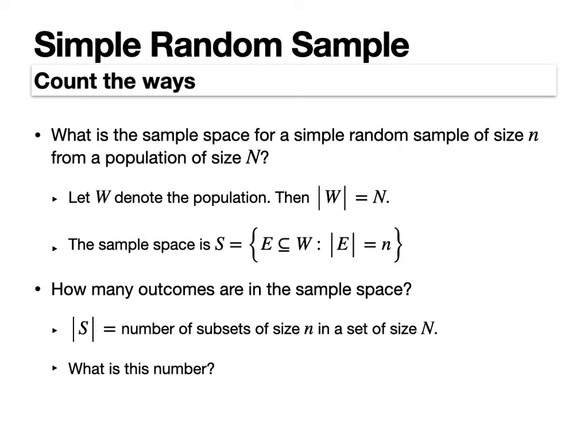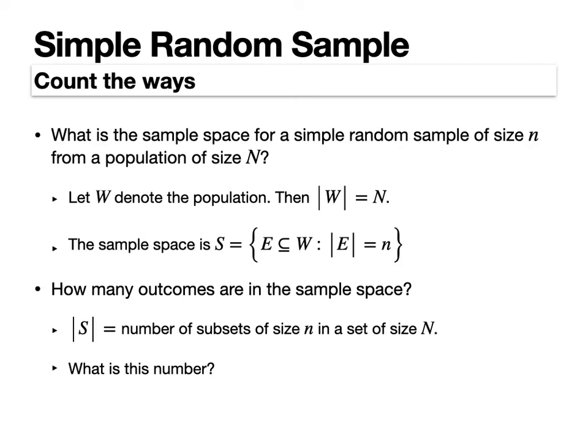Because the sample space is the set of all subsets of size little n that are contained in W. And so in that second bullet point, you see that sample space written out mathematically. It's just the set of all subsets E of W such that the cardinality of E is equal to n.